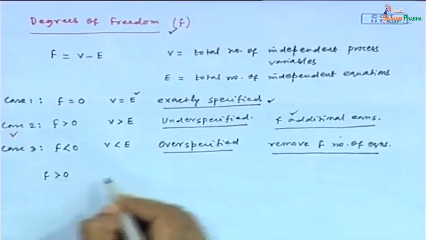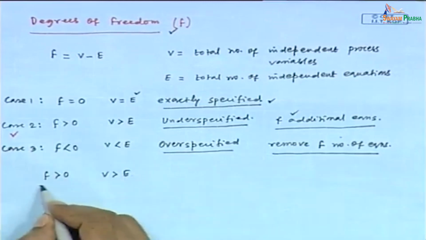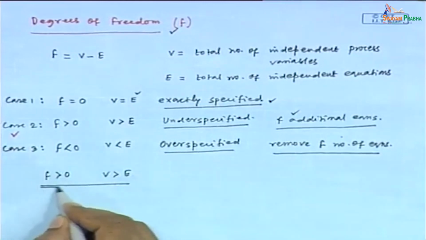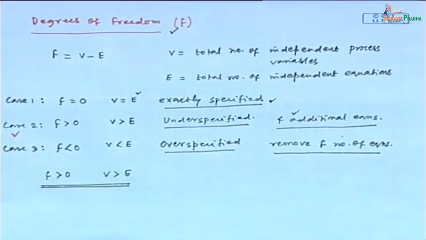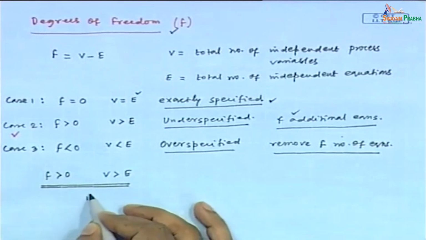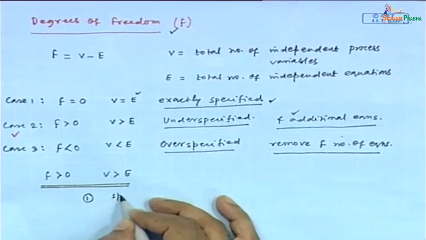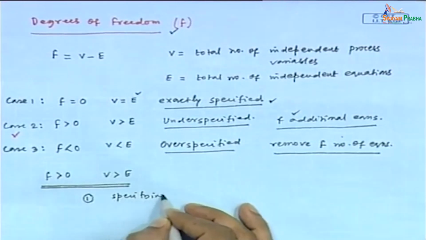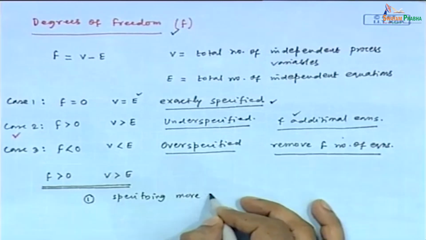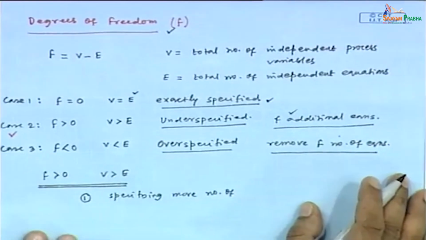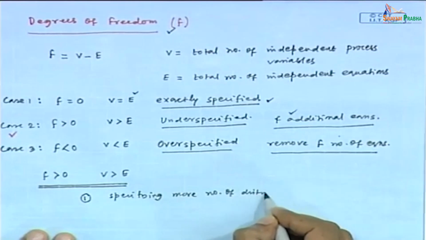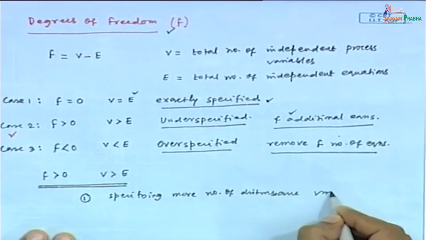F greater than 0. Now, if this is the situation, F greater than 0, how can we make it exactly specified? Basically, there are two options. The first option is we can specify more disturbance variables.